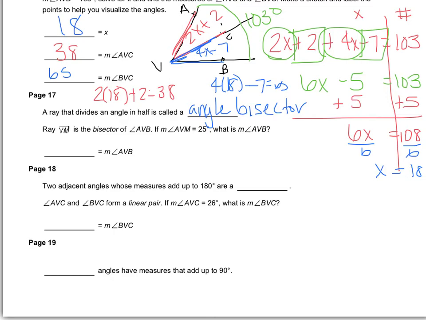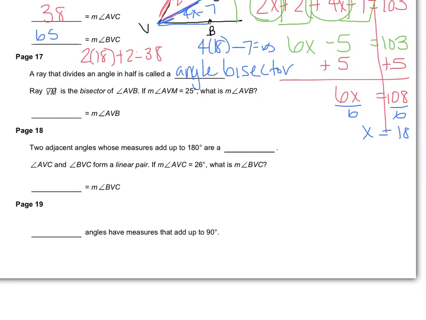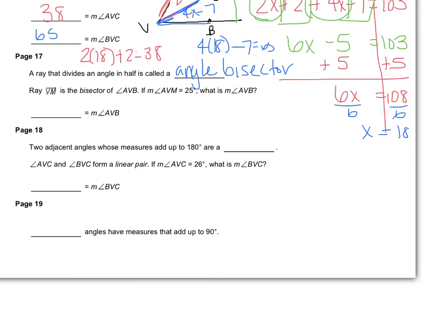So if I have, it told me that ray VM is the bisector of AVB. So I have A, VB, and the bisector, VM. So we know that it is split in half.